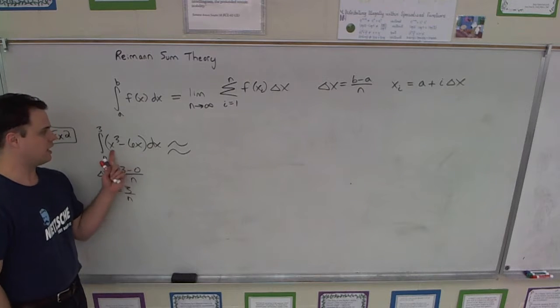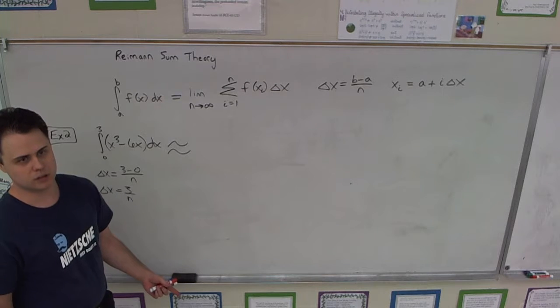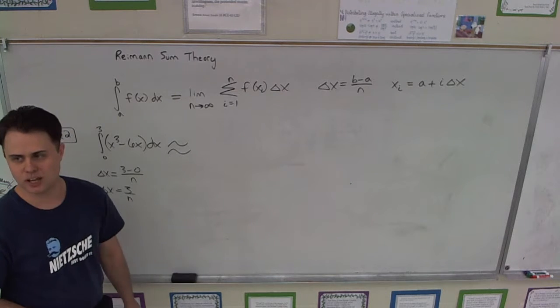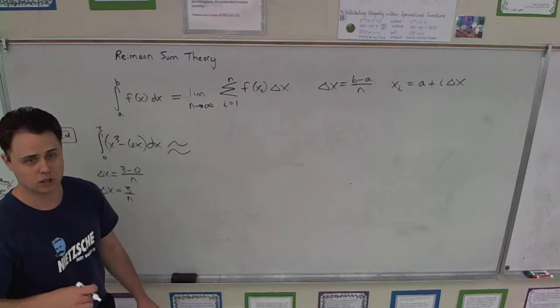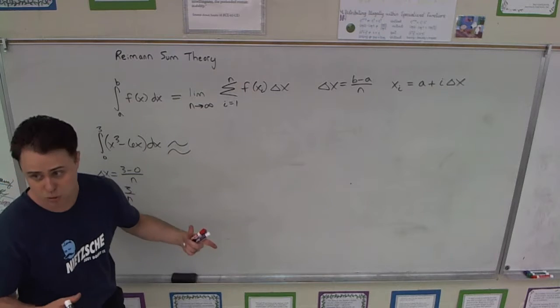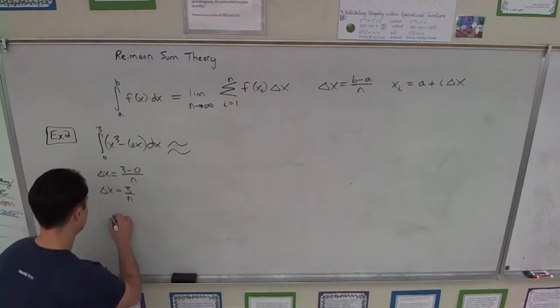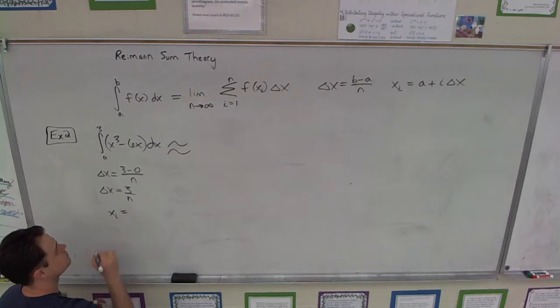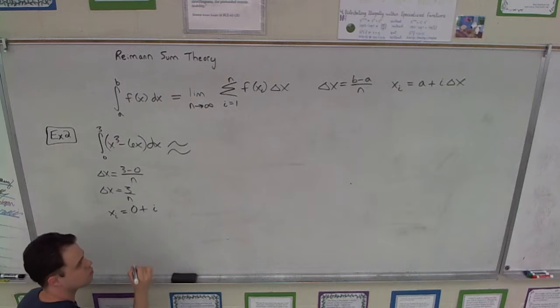Then we need to figure out the height, or f of x. But before we do that, we have to figure out the expression form of the edges. So we're going to figure out what the places we're going to plug into look like in general first, which of course is x sub i. What do they look like in general for any specific node? So x sub i is going to look like what? a plus i, where i is the counter.